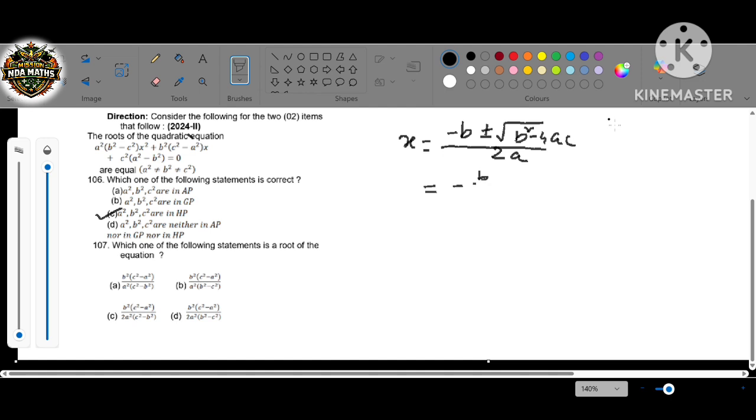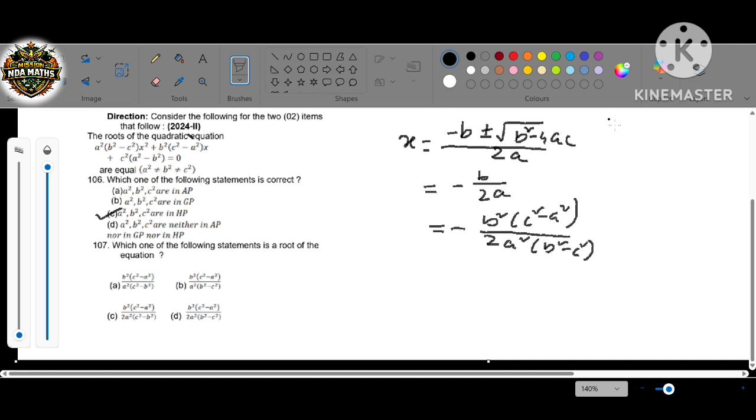That means both roots are minus b by twice a. So b means the coefficient of x. What is the coefficient of x here? Here, one formula: minus b square into (c square minus a square) divided by 2 times a, where a means the coefficient of x square, which is a square into (b square minus c square).